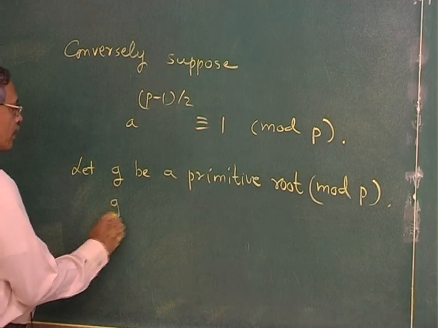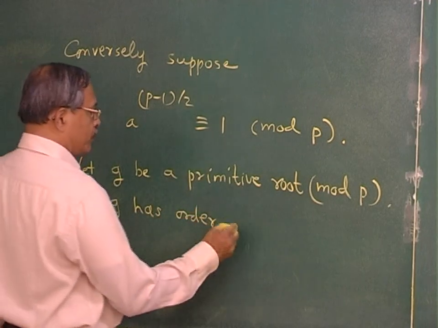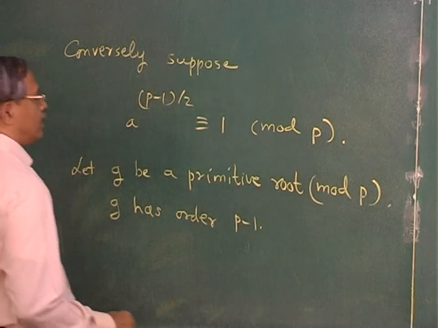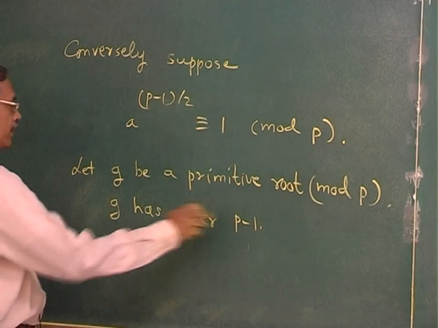G has order P minus 1. The order of G mod P is P minus 1.